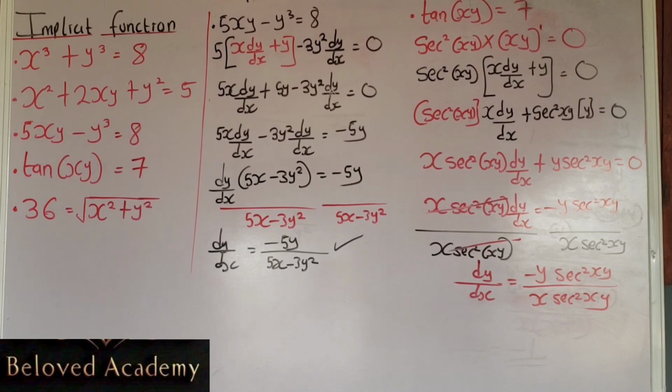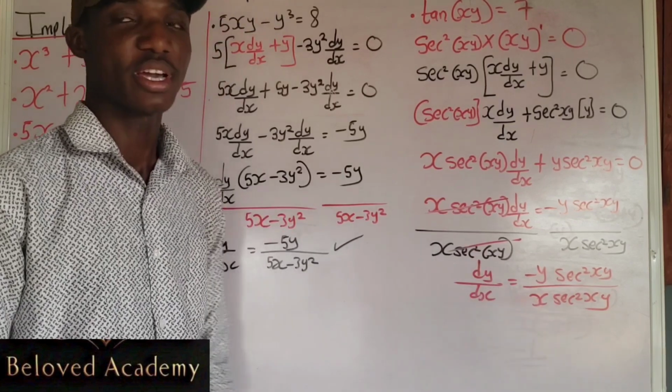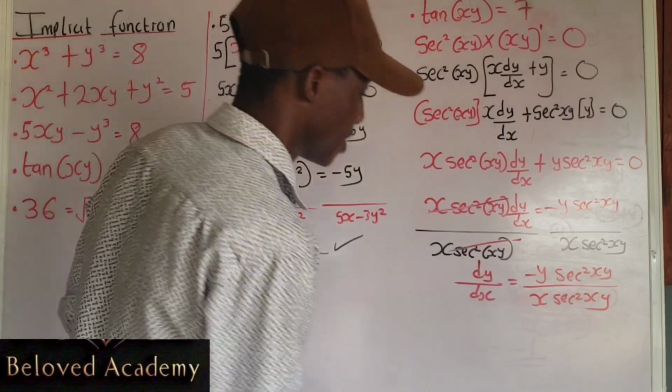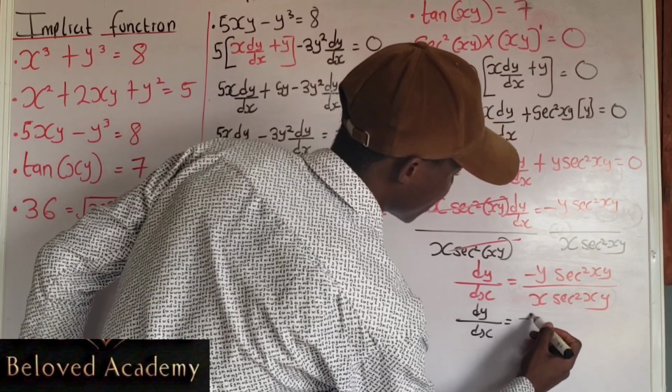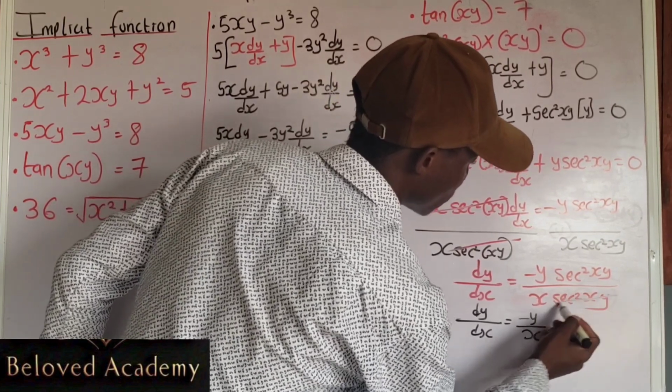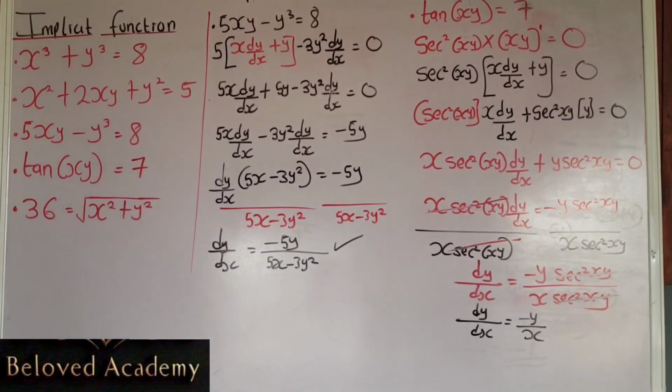We can divide this sec square xy by this sec square xy. So I'm going to have dy over dx equals negative y over x, because this will cancel this. So I'm left with negative y over x. I'm very sure you understood what I did. So that is the solution to that question. If you come across this kind of question in exam, I'm very sure you will be able to solve it.